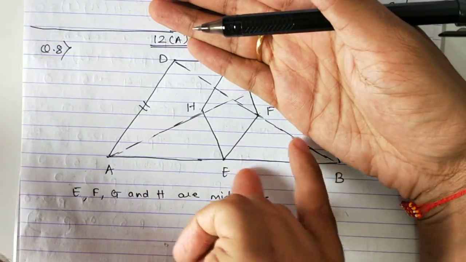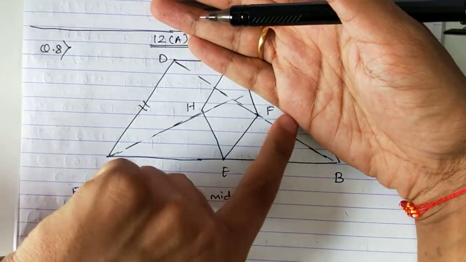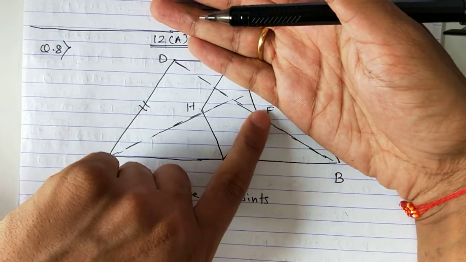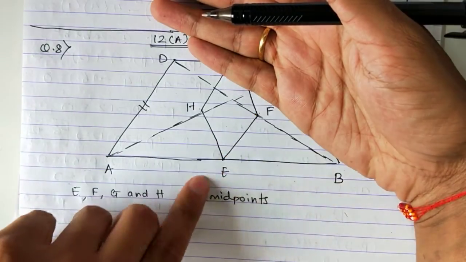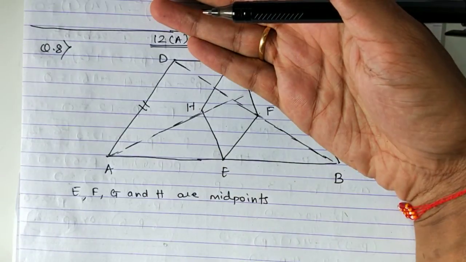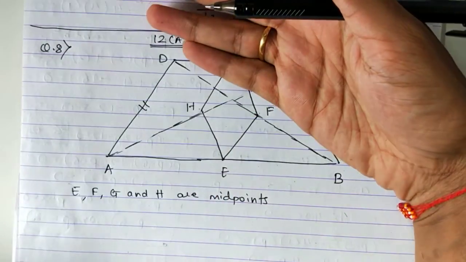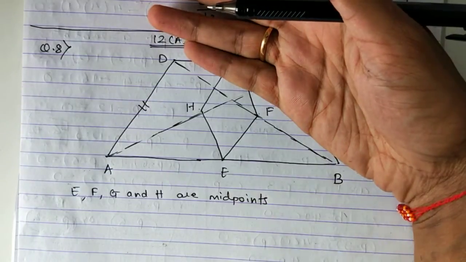E and F both are midpoints. F is a midpoint of BD, E is a midpoint of AB. It is given in the question. And if E and F are midpoints, that means EF is parallel to AD and EF is half of AD. Correct?